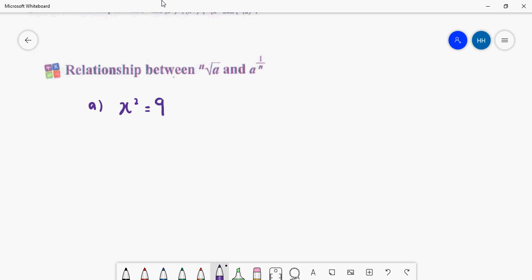Actually, you already learned this in Form 1. To find the value of x, if this is x square, you can use square root to eliminate the square. So to find the value of x, you must eliminate the square.